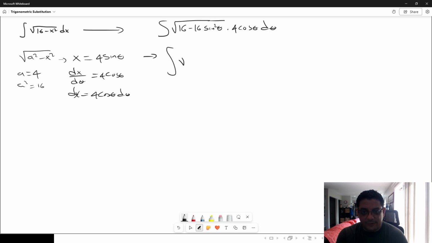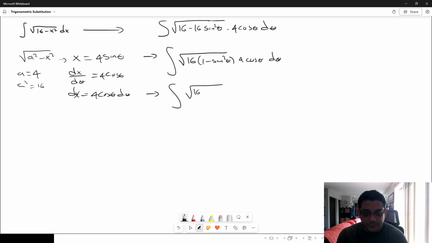Now we do the same thing that we did before. We factor the 16 since it's a common term, and we get 1 minus sine squared. At this point you can see that 1 minus sine squared is of course cosine squared.